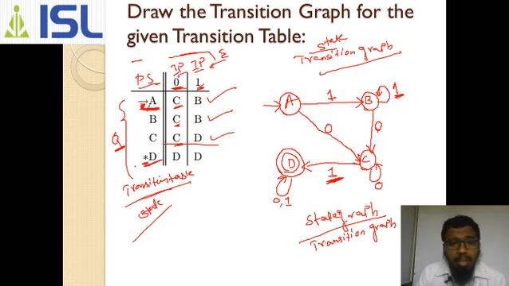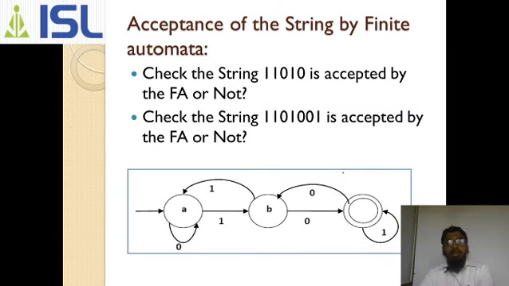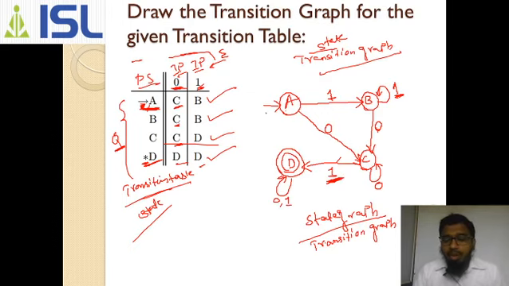The last is D. From D it is going to D when it is 0 or 1. So this is also finished. With the help of the transition table, we design and draw the transition graph. So this is an important thing.